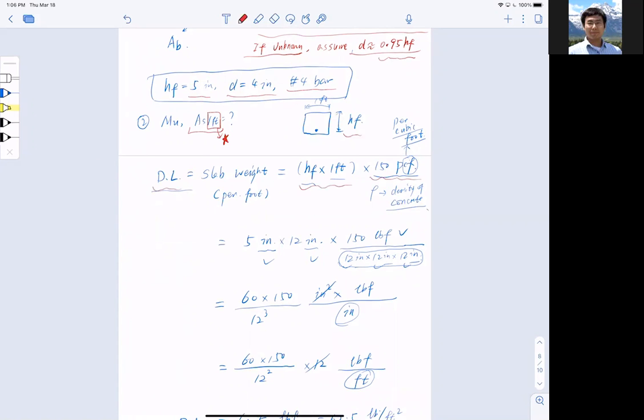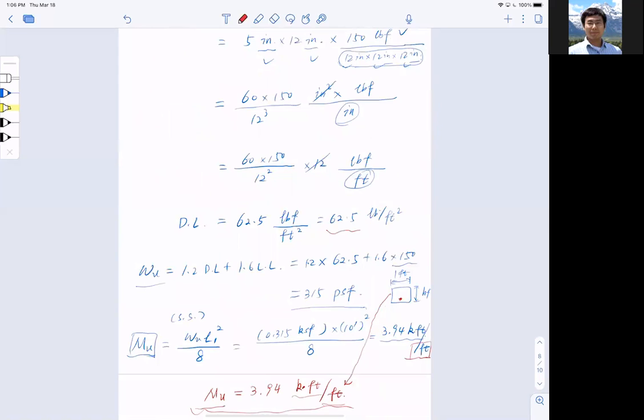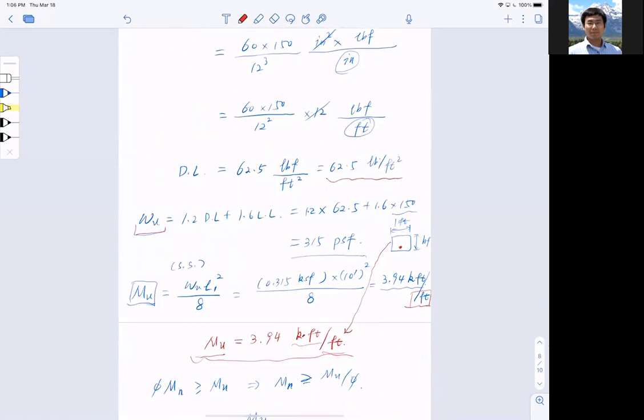This is per foot again, so we end up with some number. Then you plug this number back into the applied loading, 1.2 dead plus 1.6 live, and you get 315 pounds per square foot, which is the distributed load.